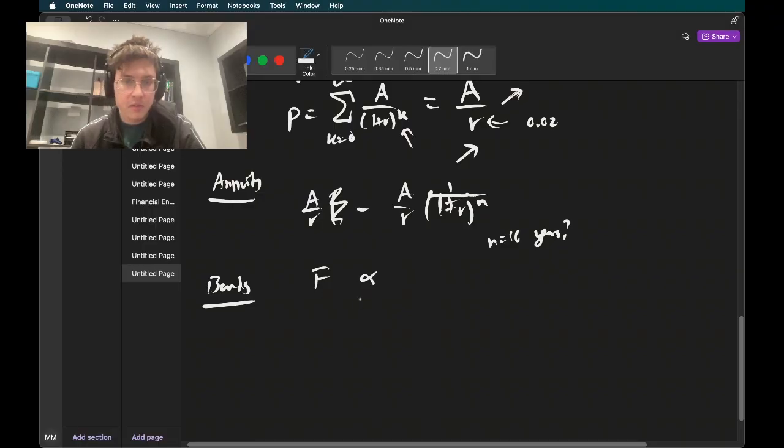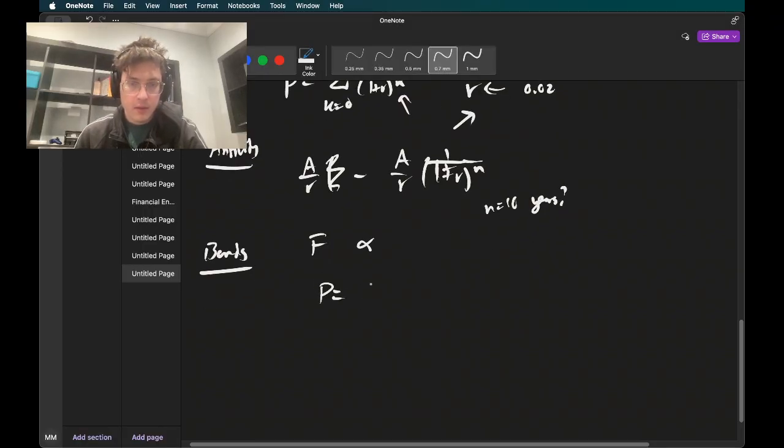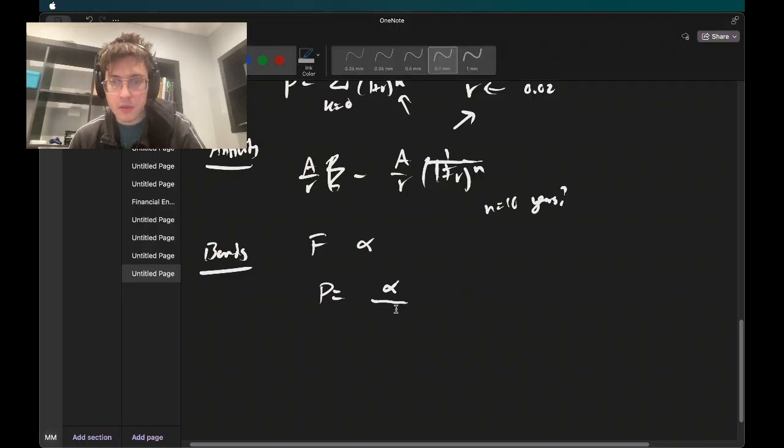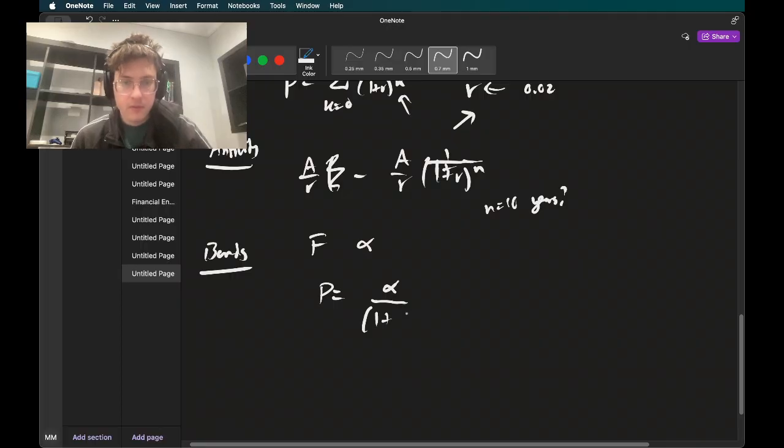So how much should somebody pay for this? Well, you're getting alpha, so obviously this has to be discounted according to the interest rate, because in the future the amount you're getting paid decreases in value. So it's 1 plus lambda, where lambda is used every 6 months instead of every year, because bonds are paid every 6 months.